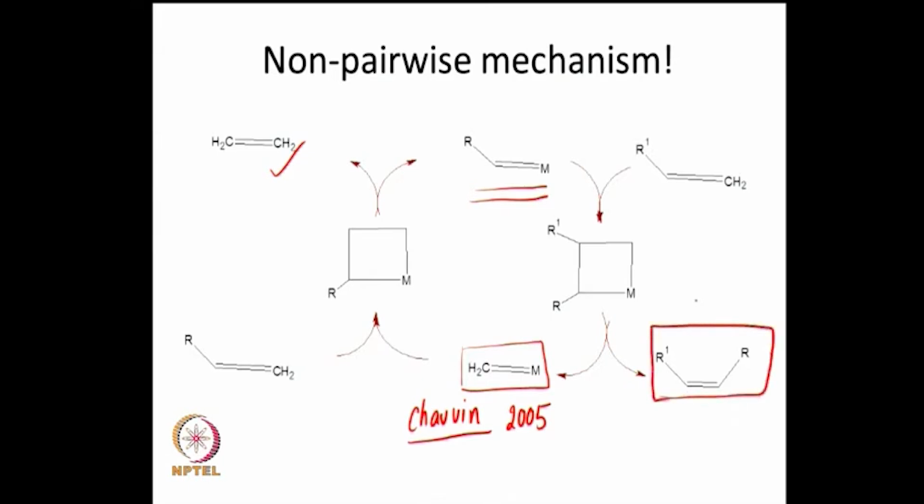So, these are the two products. This is product 1 and this is product 2. And these two olefins are generated starting with 2 olefins, which is reactant 1 and this is reactant 2.